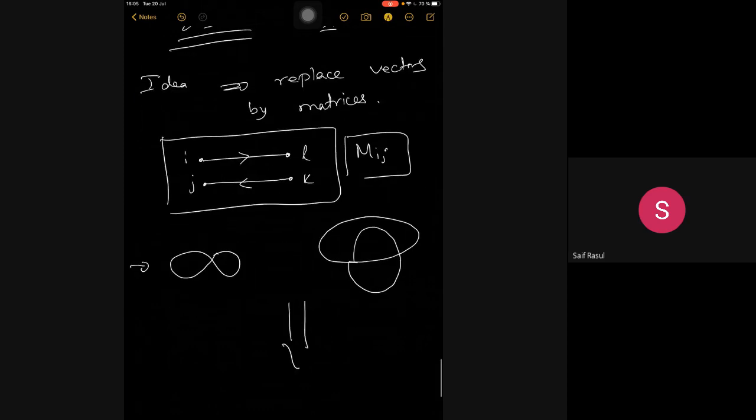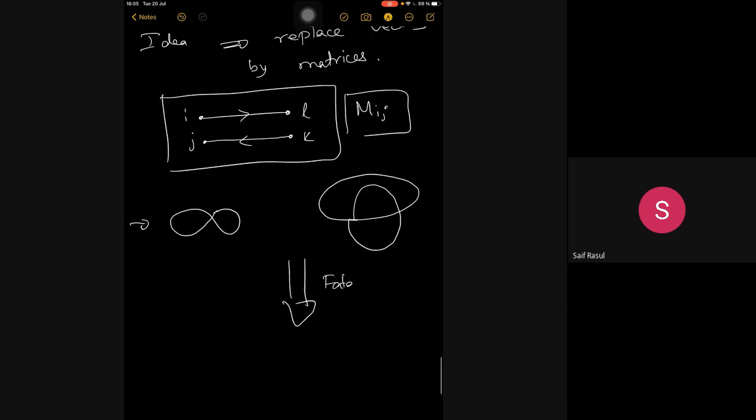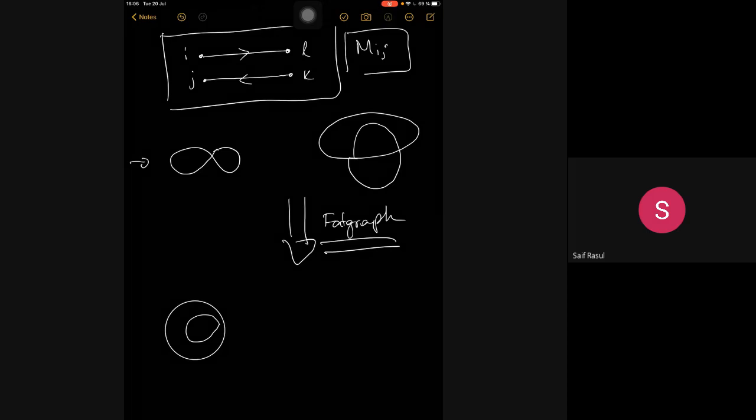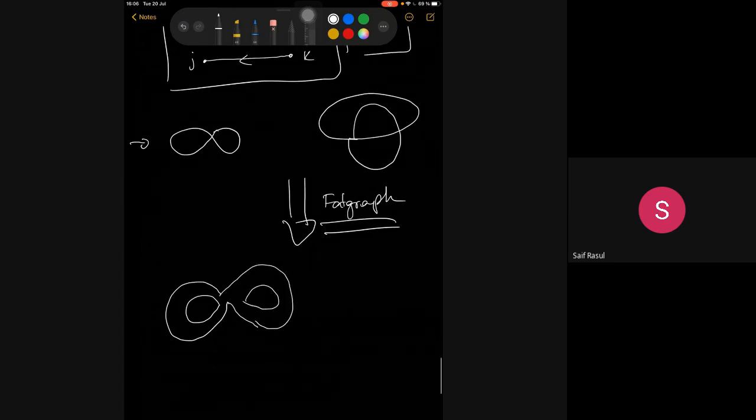When we carry this over to fat graph technology, or when we make these fat graphs, this will look something like this. We'll have double lines, with things coming out, going in, and all that.